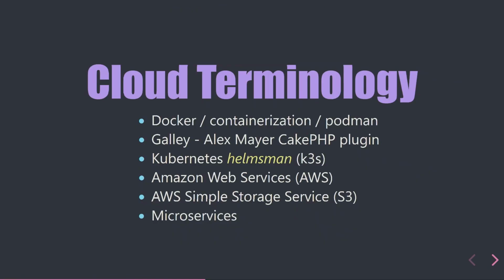So some terms I'm going to be using are Docker and containerization. Podman is another one that's like Docker, but I'm just going to use containerization probably to mean any of them. There are a lot of resources on what that means, but in short, it's a way to stick your application and its dependencies in what you can basically think of as a shipping container.